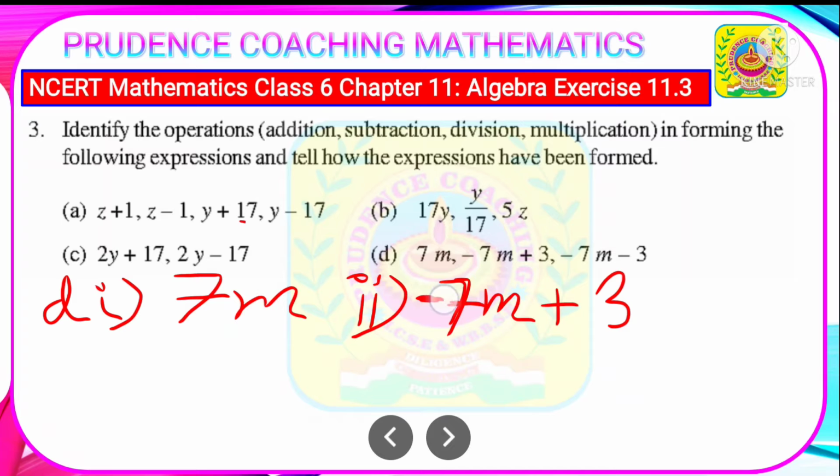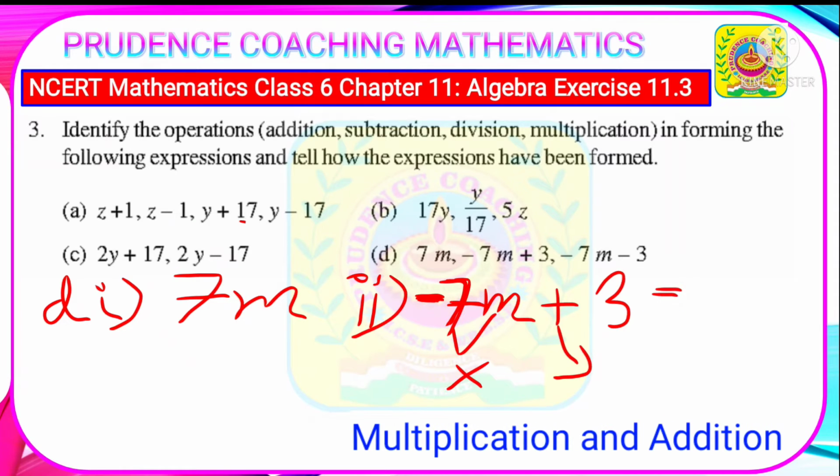So here this minus will not be an operation. Here we will just ignore the subtraction sign in the beginning. First we have 7, after that we have a variable, and in between 7 and m we don't have any symbol, that means we have multiplication by default. Next we have addition. So here the operations which are used are multiplication and addition.